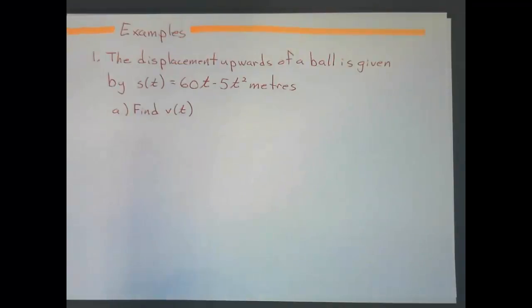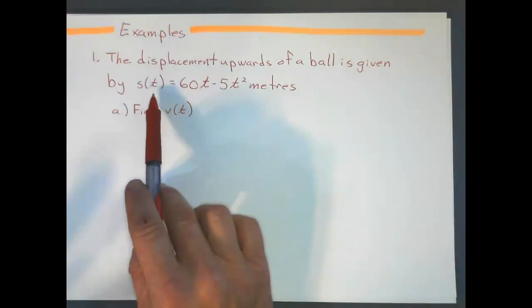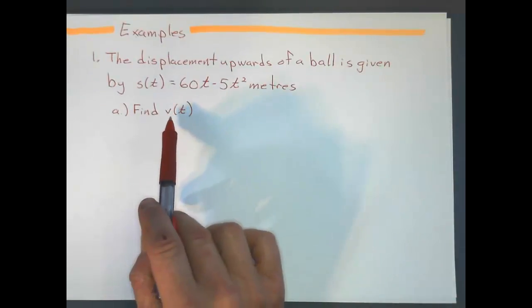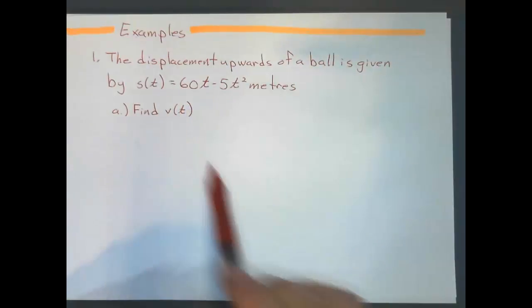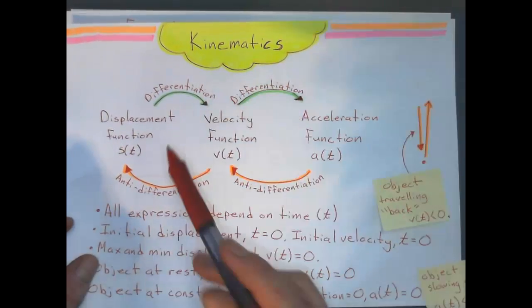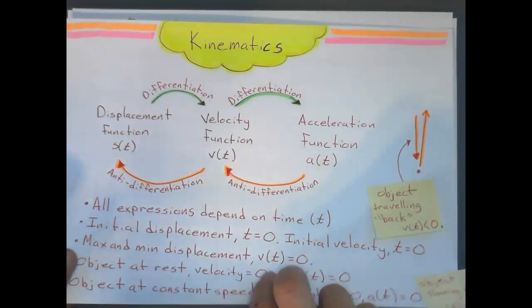Okay, so first example is displacement upwards of a ball is given by this displacement function, and find v of t means find the velocity function. What's the velocity function? So to do that, I've got displacement and I want velocity. You're either going to have to ask yourself, am I differentiating or anti-differentiating? So we're just going to have to remember this.